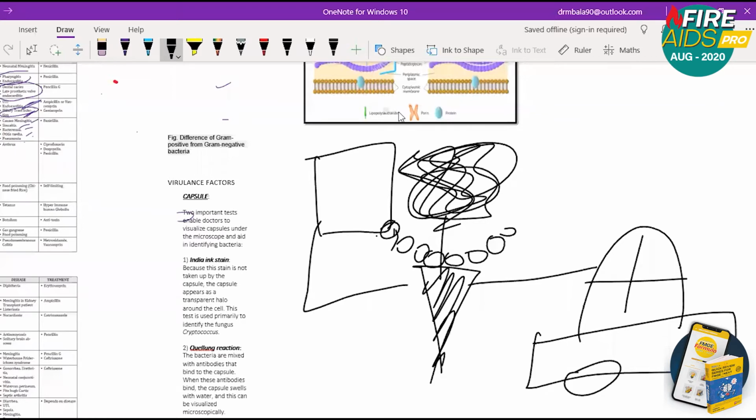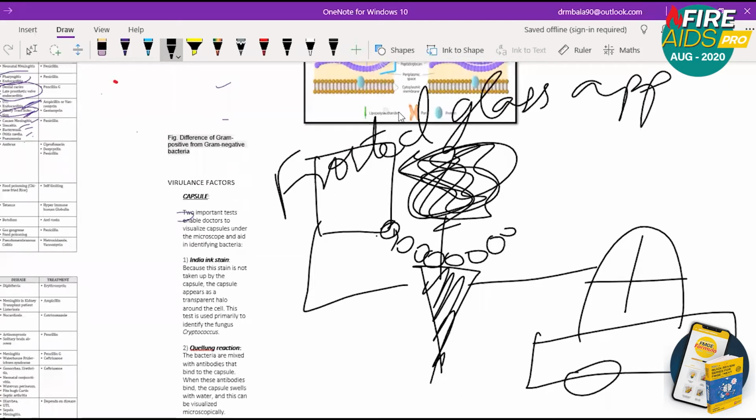So she's facing a mirror. That is called frosted glass appearance.